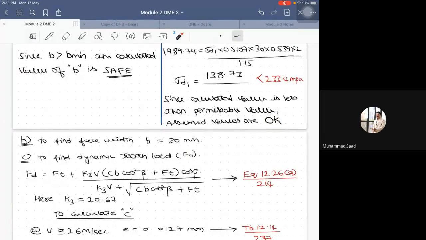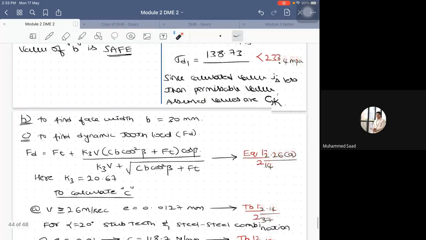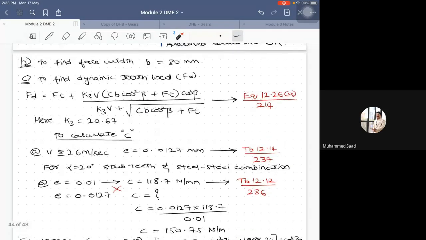Use this particular formula from equation number 12.26a, page 214. The equation is big, and the only important factor here is C. I have already calculated C; you can see it here. You have to refer to two tables.